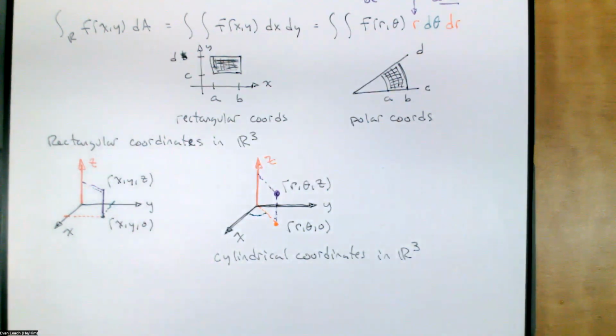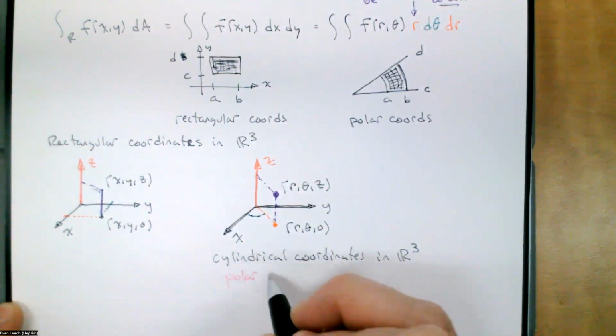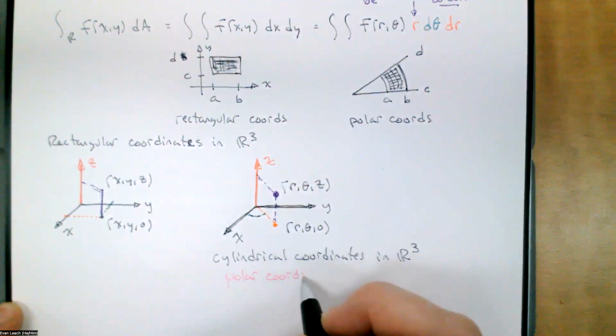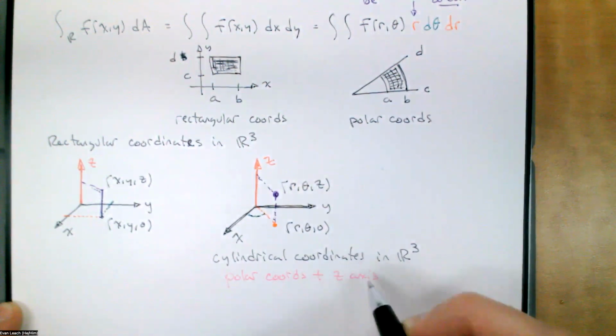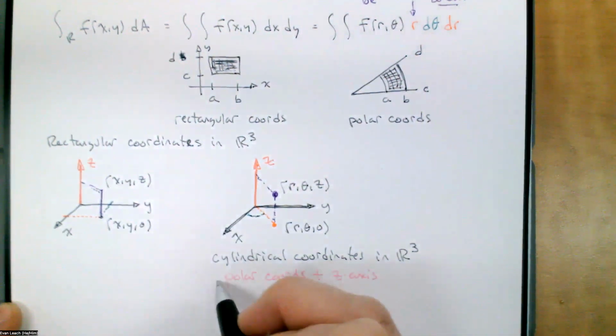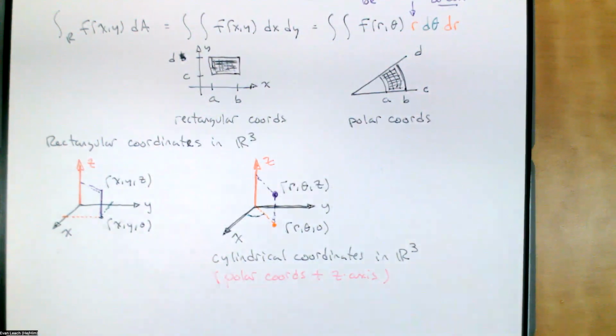So cylindrical coordinates in R3 is just polar coordinates plus a Z-axis. Same thing that we did in rectangular coordinates: we just took the XY plane and stuck a Z-axis on it, perpendicular to the XY plane.